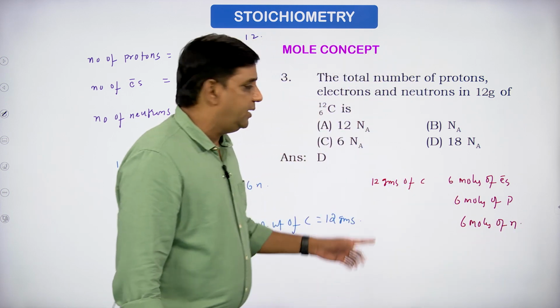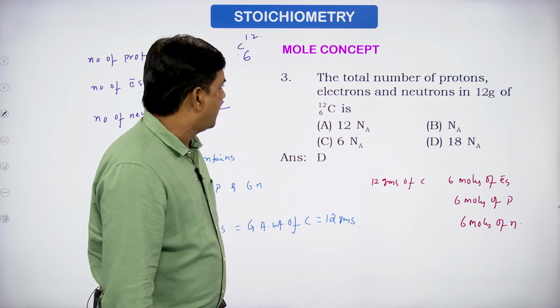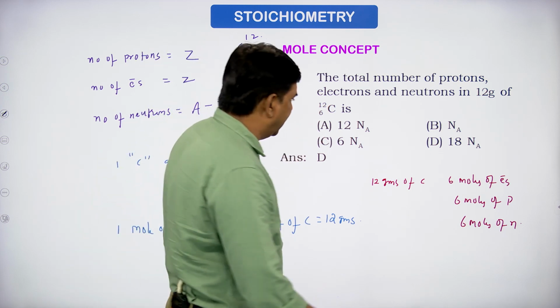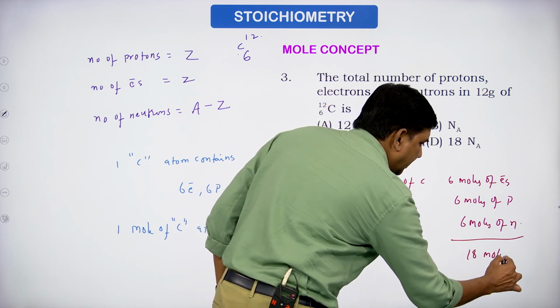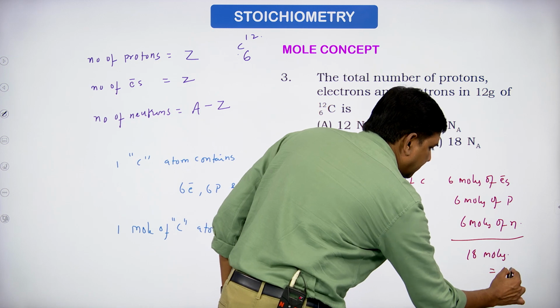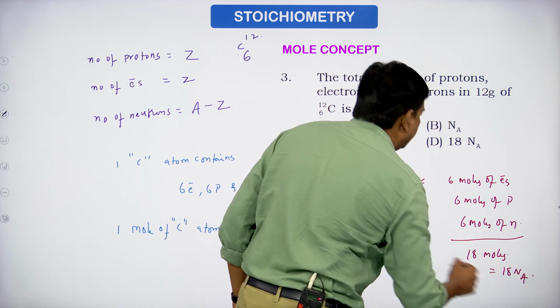And mole is nothing but the Avogadro number. So, the total number is equal to 18 moles. 18 moles is nothing but 18 into Avogadro number, 18 Na.